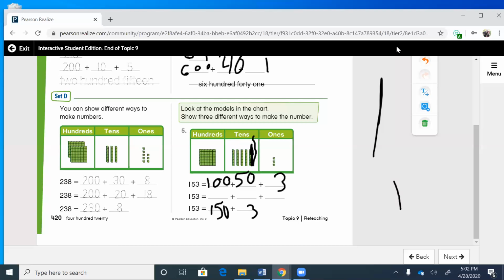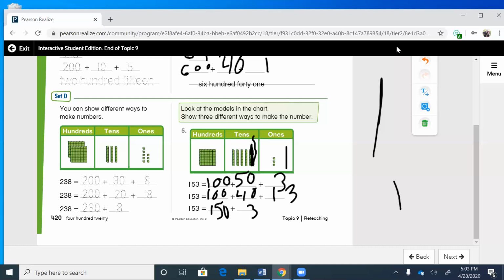This 10 is not there anymore. It's now here, okay? So we are going to write 100. Now let's look at the middle. 1, 2, 3, 4, because remember that black one is not there. Plus 40, plus we have 10 and 3 more. 10, 11, 12, 13. And there you have it.